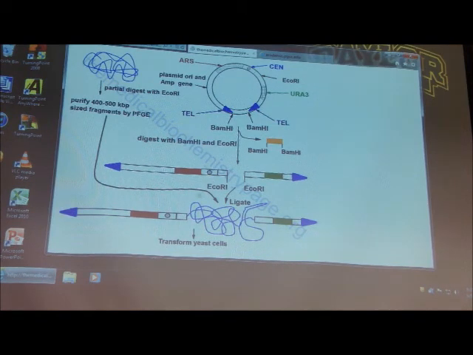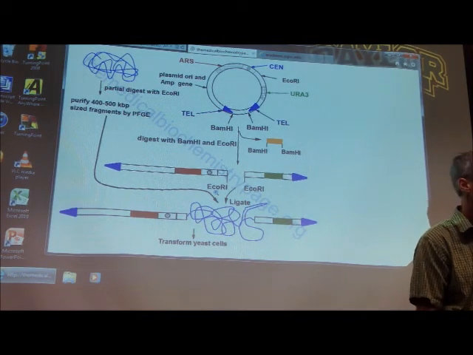And then the brown part is the ORI sequence, the autonomously replicating sequence from yeast. So we have an ORI, a centromere, and 2 telomeres. That's a chromosome. That's the smallest definition of a chromosome.